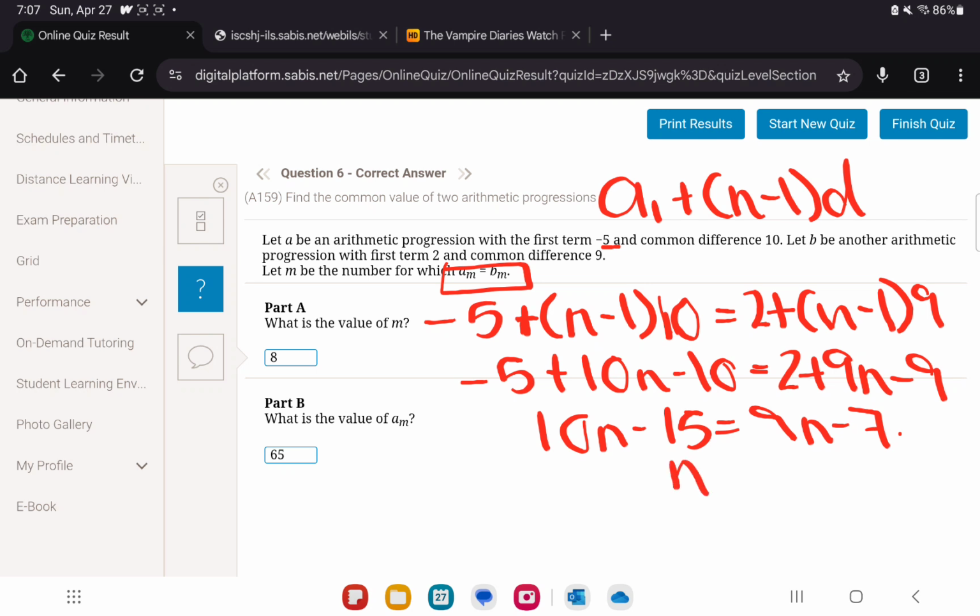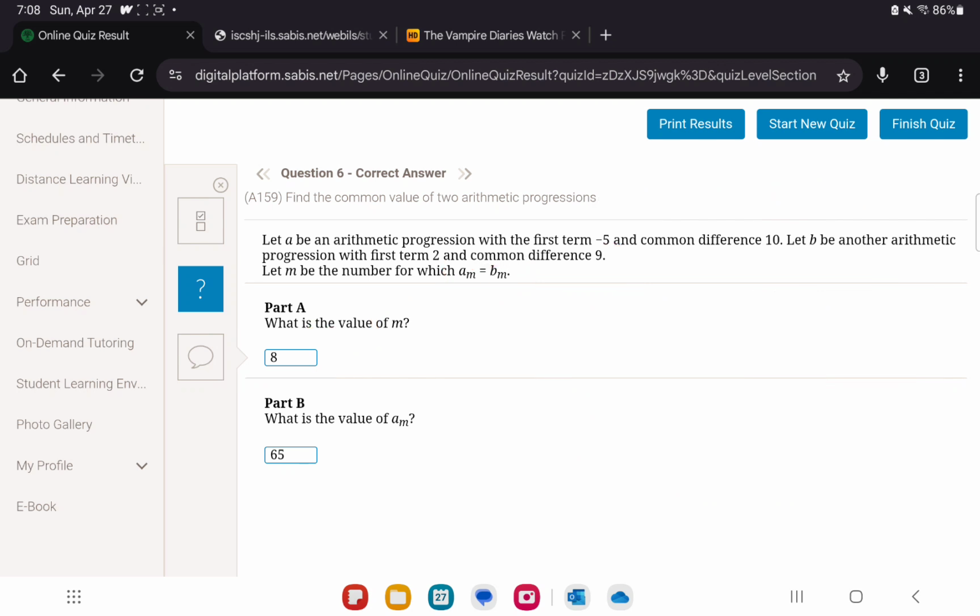And then n, you move this to this side, you move that to that side, you get n equals 8. And that's your answer. You can call n m if it confuses you, but n and m is the same thing in this question, okay? Now we want to find the a of m, am, sorry. So we found that m is 9, so a1, we take any of the a1s, okay?